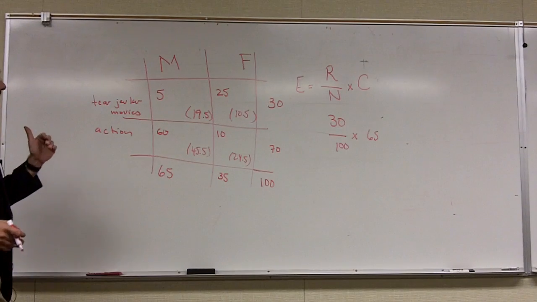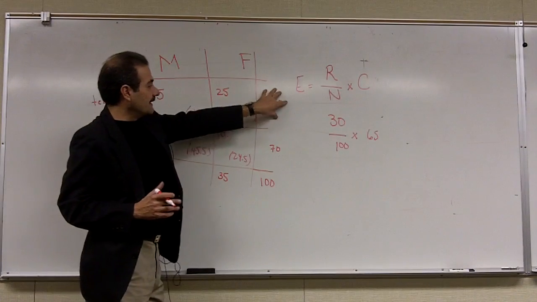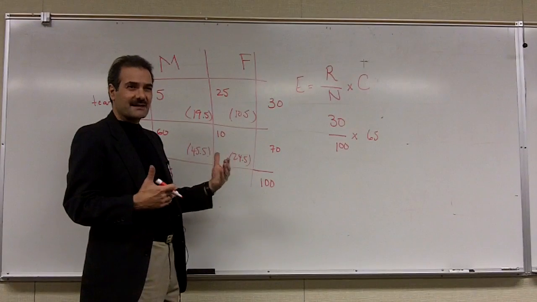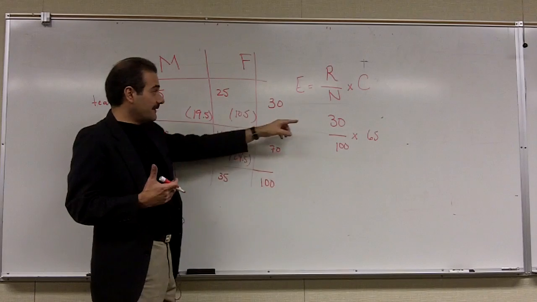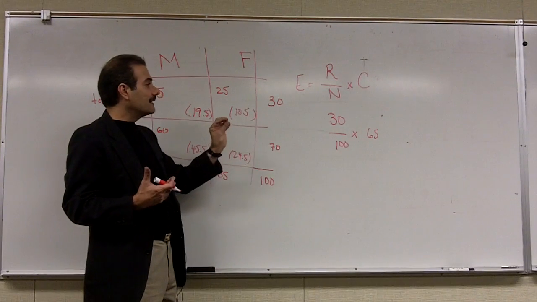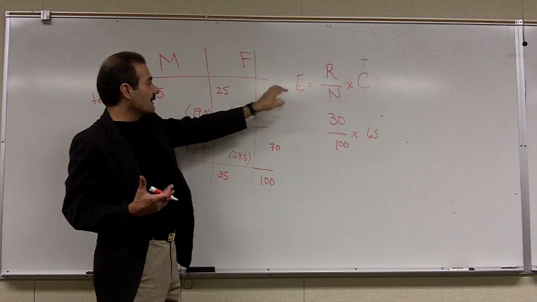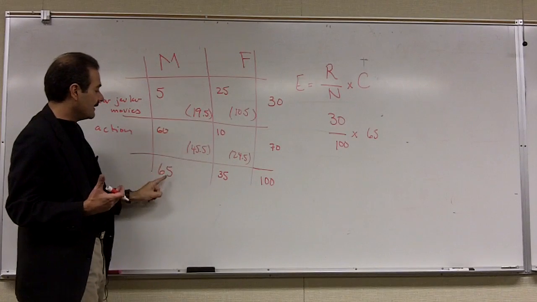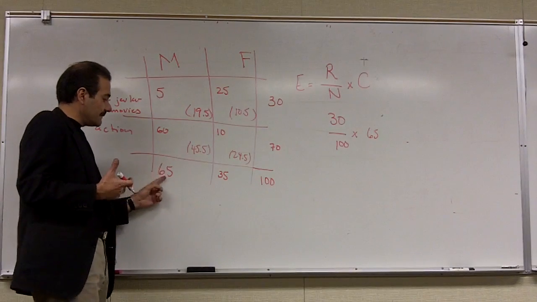Now, look at what we've done. When we took this value, we took 30 and divided by 100, we basically were creating a proportion. It becomes a little bit easier to see because it's 100. 30 out of 100 is 0.3. So you basically are saying, given the proportion of people who end up watching tearjerker movies, 0.3, what is the expected value here given this total amount? So you would multiply 0.3 times 65.